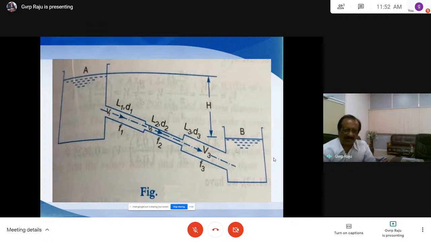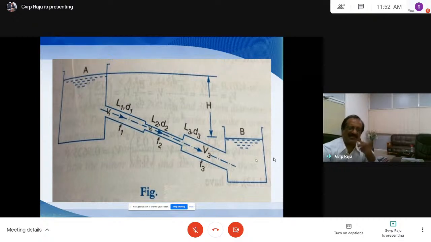Instead of three pipes, a single pipe is there of length L and diameter D. If all the three pipes, connected in series with lengths L1, L2 and L3, are replaced with a single pipe of length L and diameter D, what is the relation between L, L1, L2 and L3?